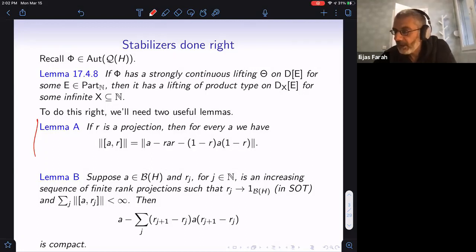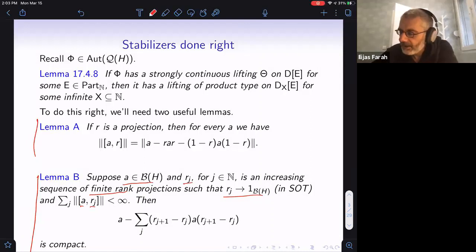And now, once you have that lemma under your belt, you can proceed to prove lemma B, which is exactly what we need. This is the situation that we have in the proof. You have an operator A in B(H) and a sequence of projections, an increasing sequence. They're all finite rank projections, and they strongly converge to the unit in B(H). And moreover, if you look at the commutators between your operator and these R_j's, they're getting smaller and smaller in norm, and the sequence of these norms for commutators is summable.